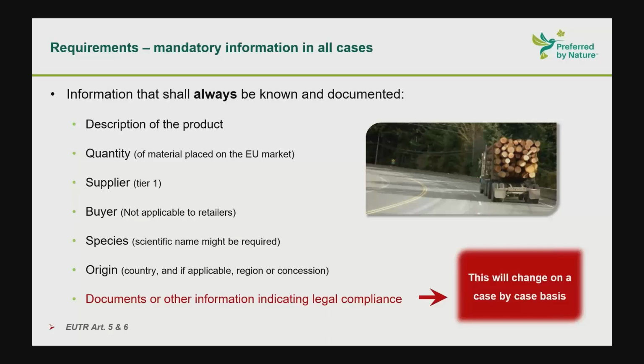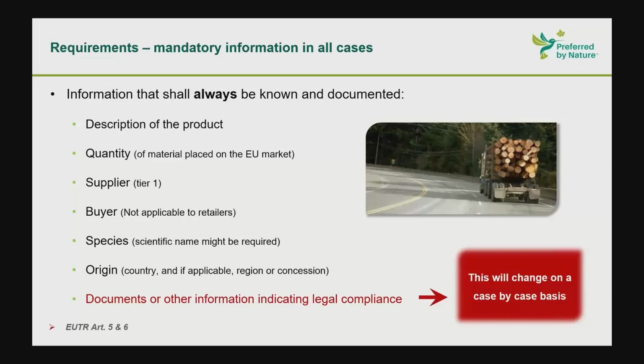Then let's move on to species. Species is an information that should always be known, and scientific names might be required. We'll touch base on that a little bit later, but basically if there can be confusion with common names, then you will have to collect the scientific name as well. The origin should always be known also, so it's at minimum the country of harvest of the timber, right?